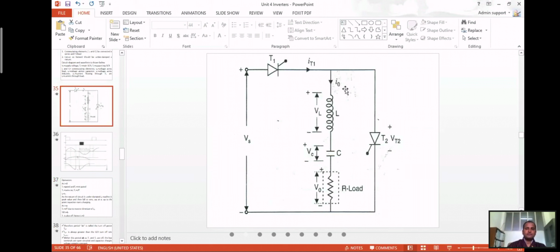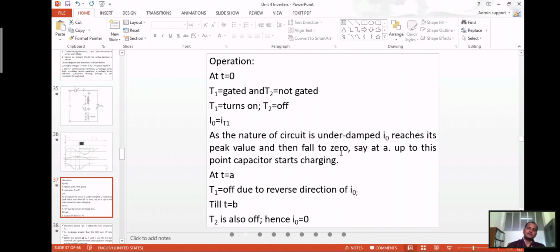So when this thyristor T1 is conducting, I naught will be equal to IT1, the current flowing through this thyristor. As the nature of the circuit is underdamped, I naught reaches its peak value and then falls back to 0.